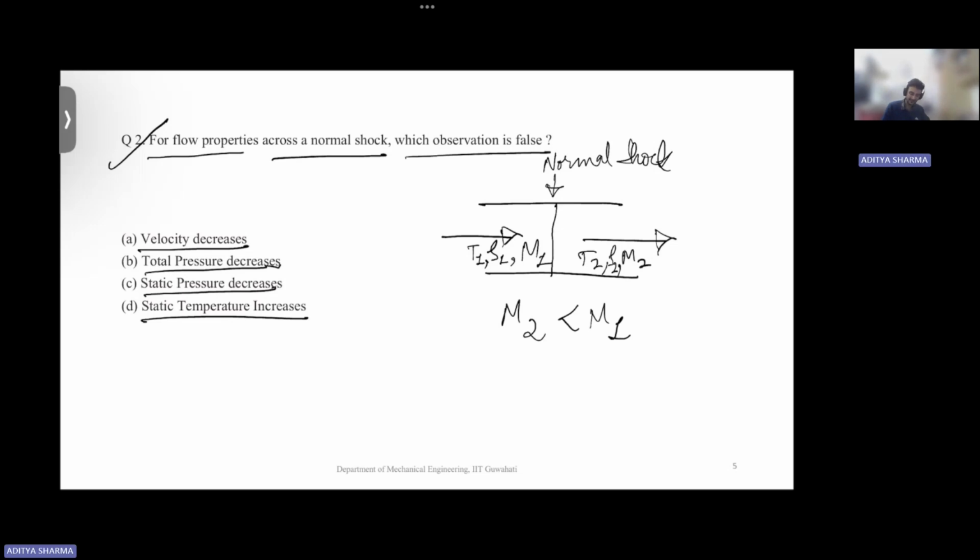Your Mach number decreases, your density increases, your temperature increases. So this happens. Okay.